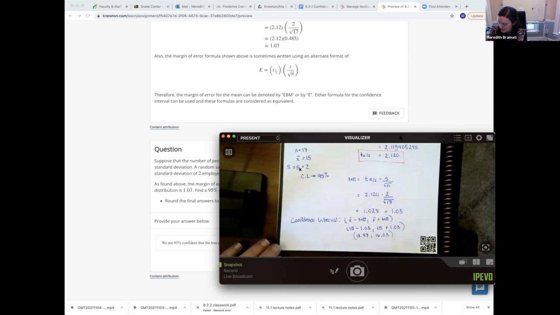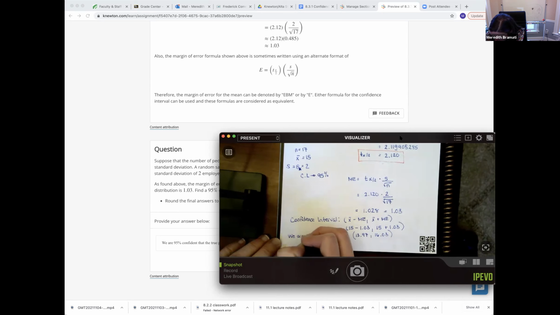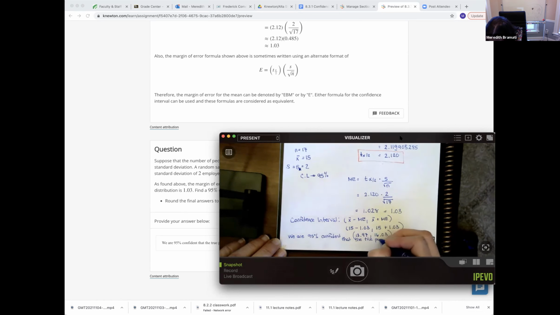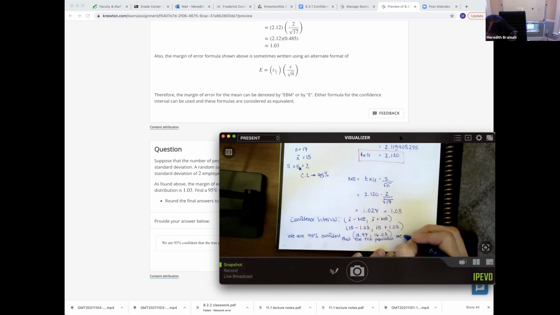Now, I'm going to write this down so we can see how it's worded. We are 95% confident that the true population mean is between 13.97 and 16.03.